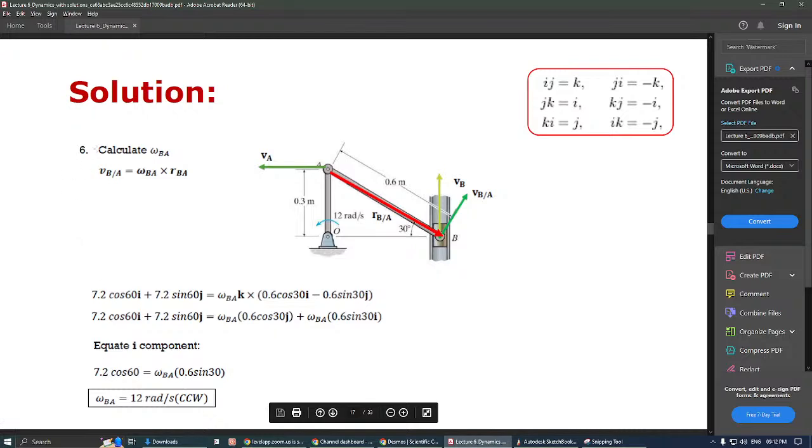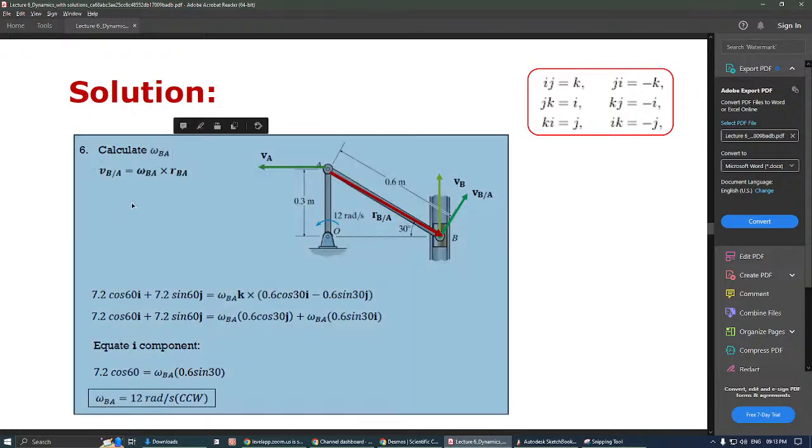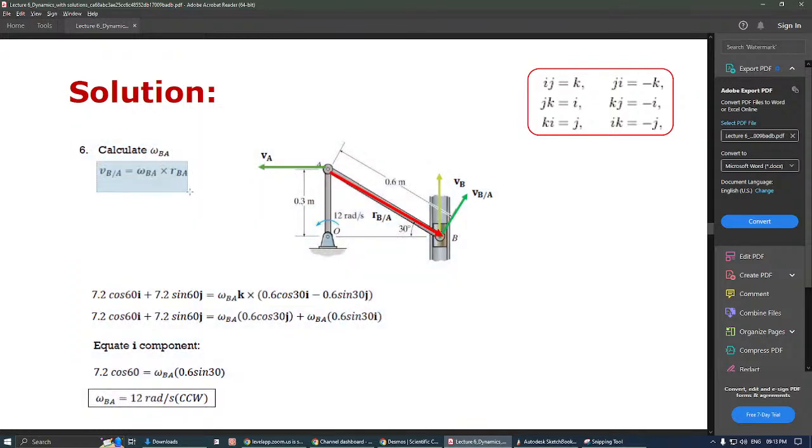Then finally we have to find the angular velocity of B with respect to A. So we know this relation. Velocity of B with respect to A, we found it. We also know the length of AB. So we can use that to find it.